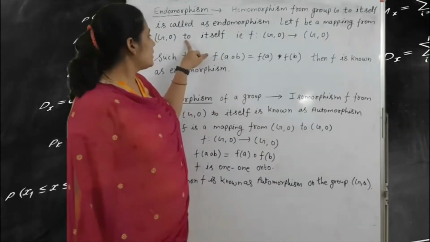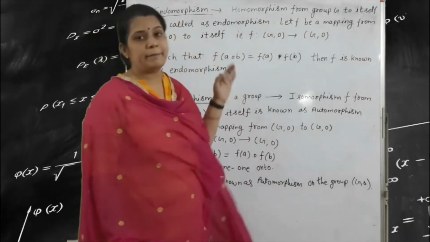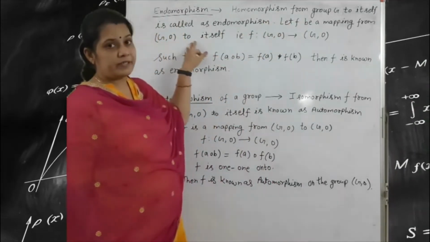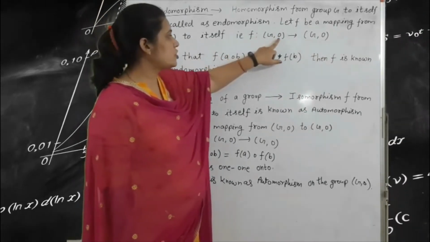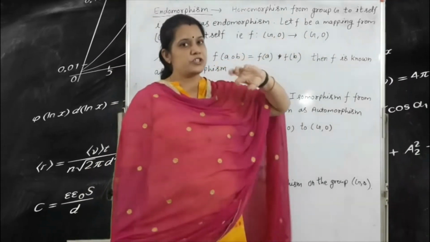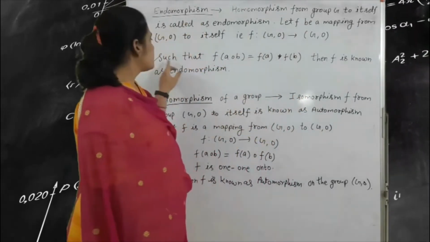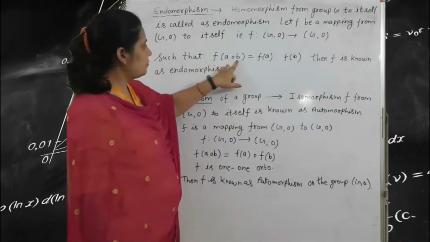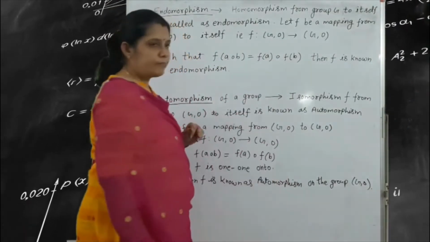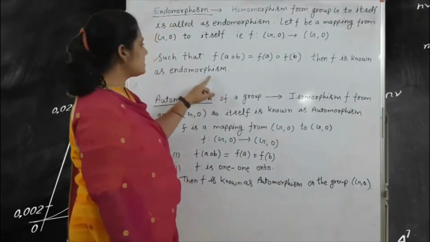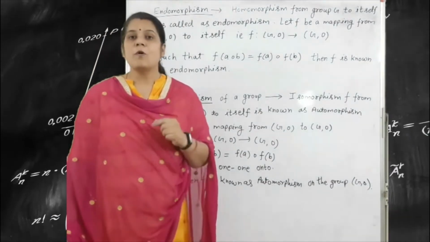But here F is a mapping from G operator to itself, so we write F such that G,O to G,O with the same operator, such that F(A O B) is equal to F(A) O F(B). Then F is known as an endomorphism.